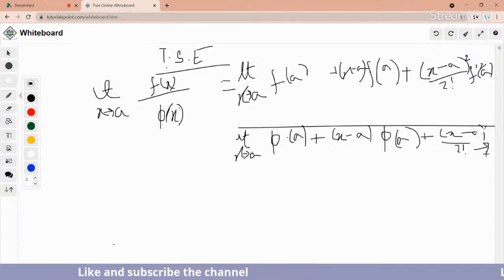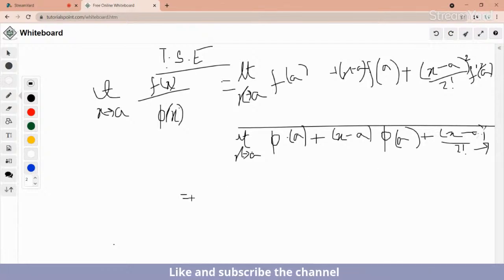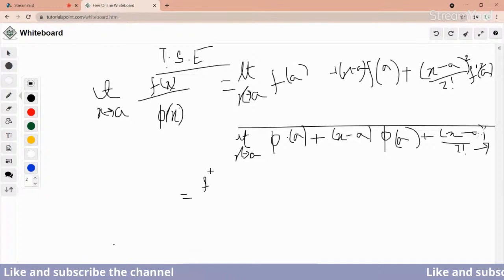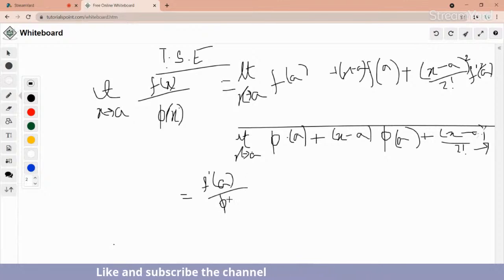So what are we getting from here? After applying f of a, all the terms will become 0, and we will get only a single term, that is f dash a divided by phi dash a.